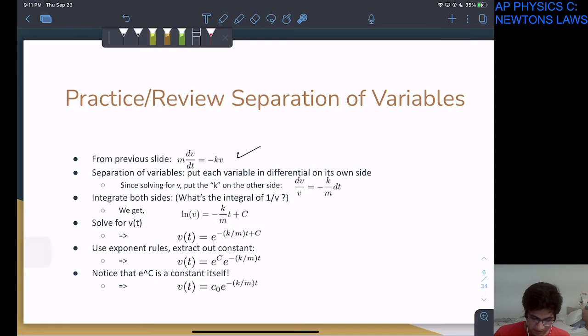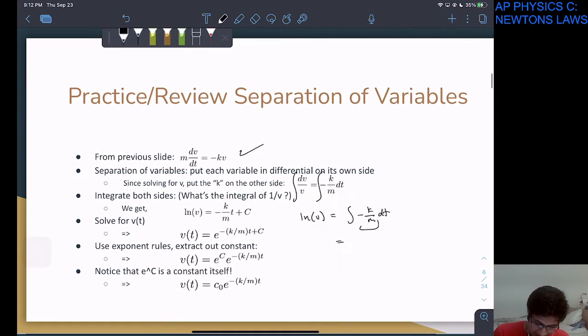So if we integrate both sides, we get ln v is equal to the integral of minus k over m dt. The integral of minus k over m dt, this is just a constant, it doesn't change with time. k is a constant of proportionality, it's fixed, and m is also fixed. So we can take that out of the integral. We get minus k over m times the integral of dt, which is minus k over m times t.